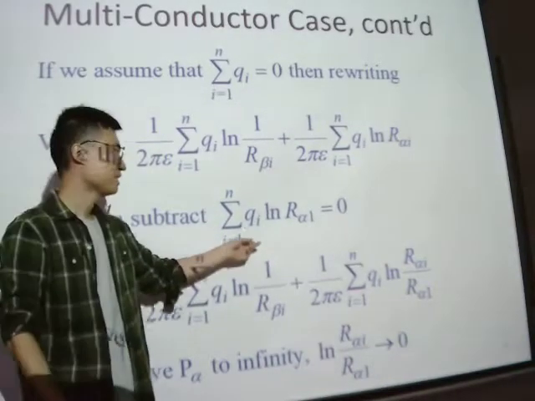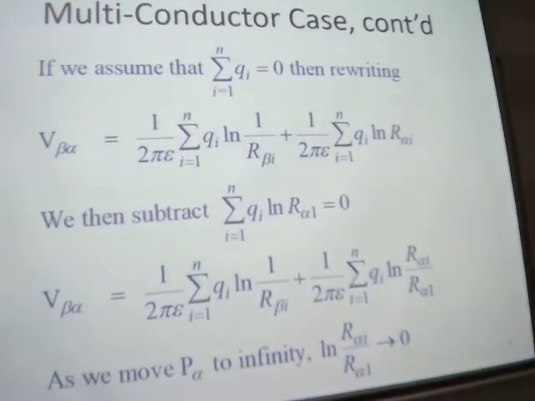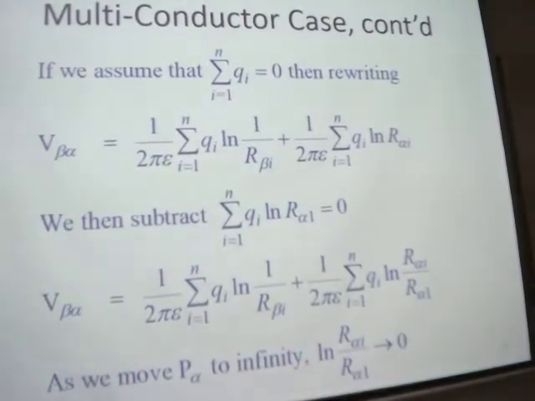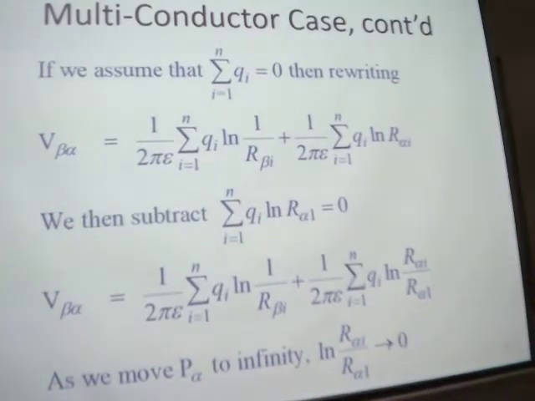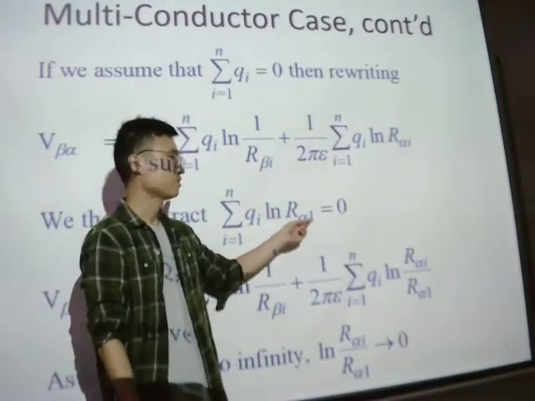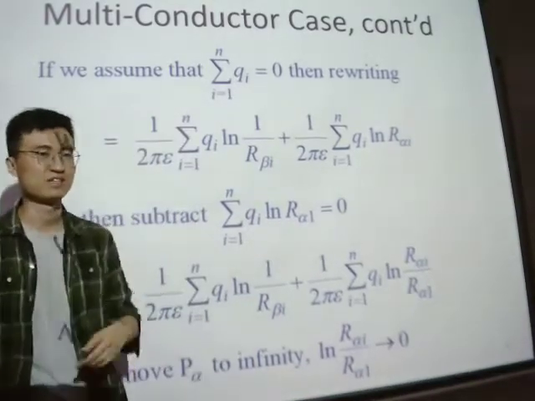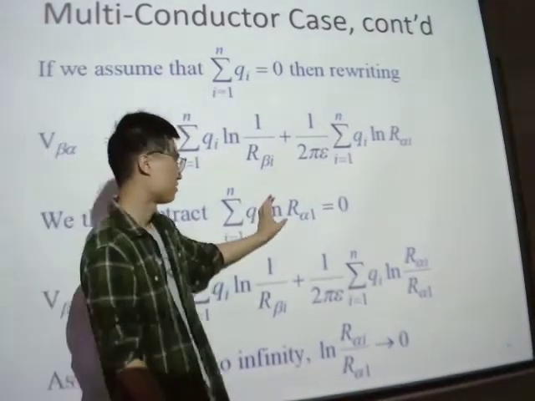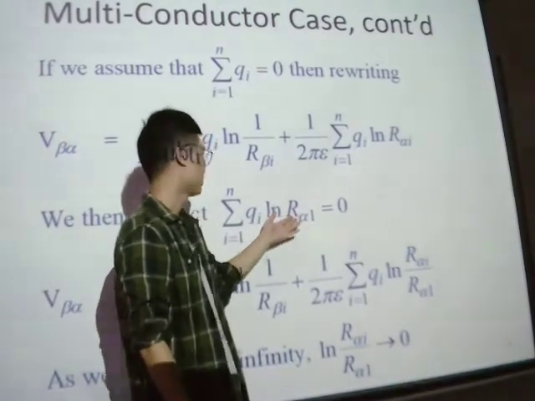But why is this one equal to 0? Because here is the distance from the R_β to the first conductor, so you can say it is a constant value. It is only one variable, so you can just place this constant value here.